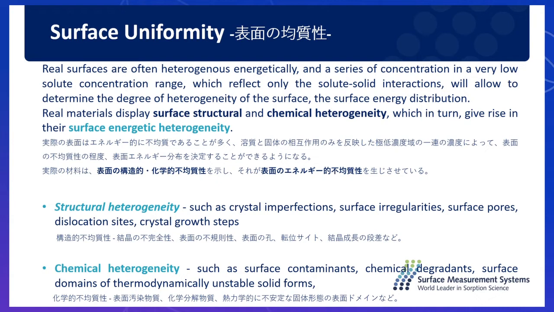There's structural heterogeneity and chemical heterogeneity. Structural heterogeneity is like crystal imperfections, surface irregularities, and pores. Chemical heterogeneity contains chemical degradants, surface impurities, contaminations, and so on.